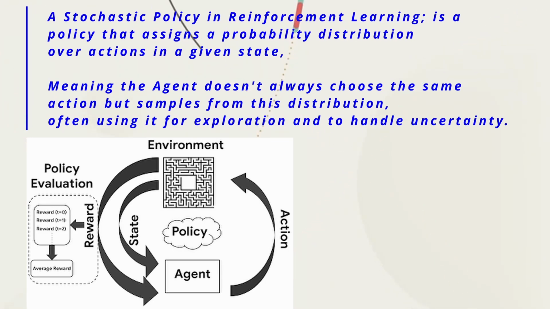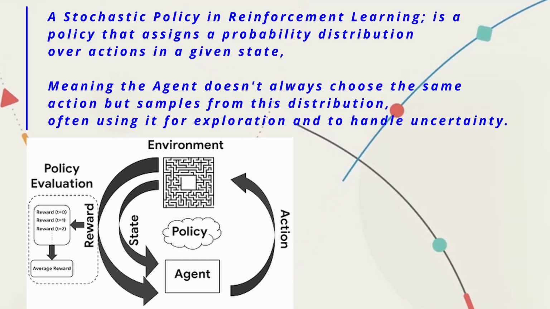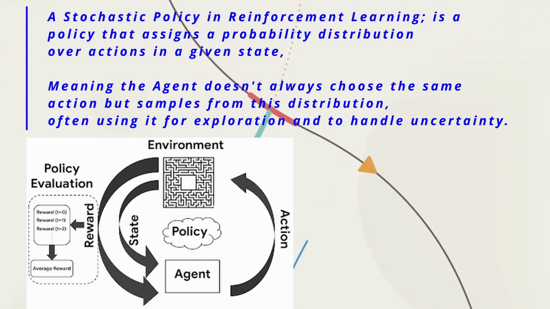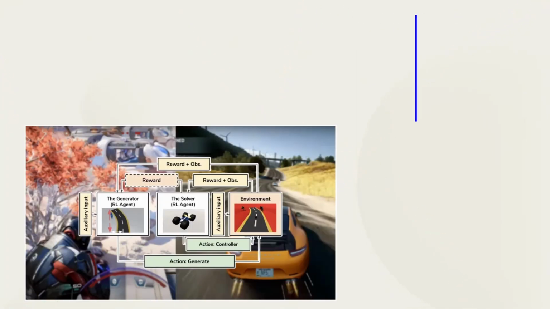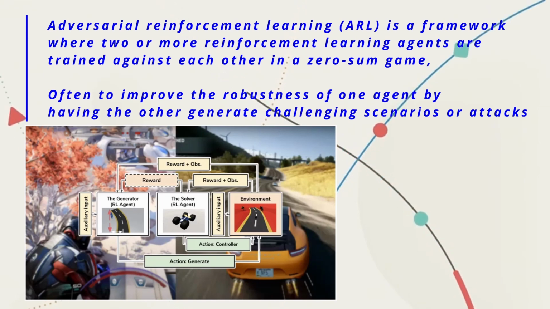Deterministic is fine if the world is perfectly predictable, but it rarely is. So stochastic policies are vital. They help with exploration, trying new things, and they're crucial in adversarial settings like poker. If you're too predictable, you get exploited. Okay, that makes sense. You need some randomness. A bit, yeah, to learn robustly.